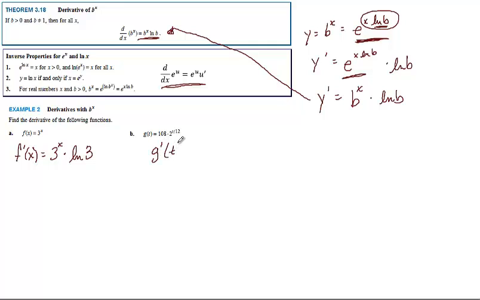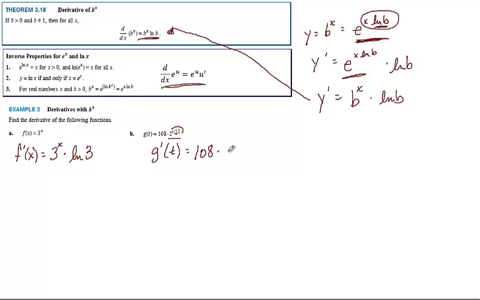G of t. I have a constant. Here's my b to the x, so it's some constant times b to the x. My derivative says, and I know that with the constant multiplier, just leave that there. This involves the chain rule because this isn't just a plain x, this would be a u. So my u in this case is t over 12.